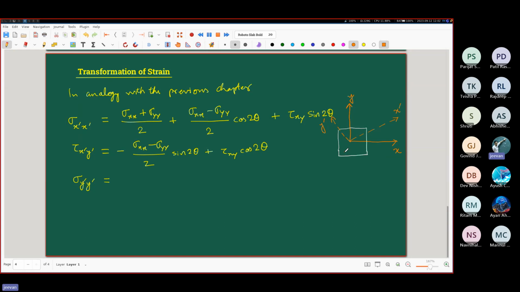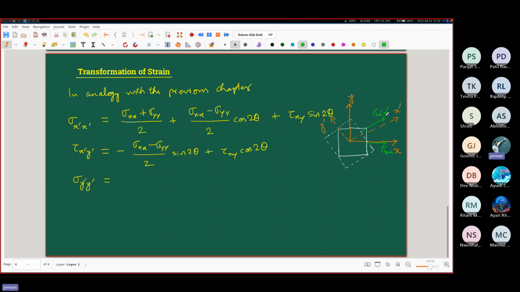Now the corresponding stress element will look like this. When we say what is the sigma x dash, it is basically the stress on this edge, whereas on this vertical edge we had the sigma xx.